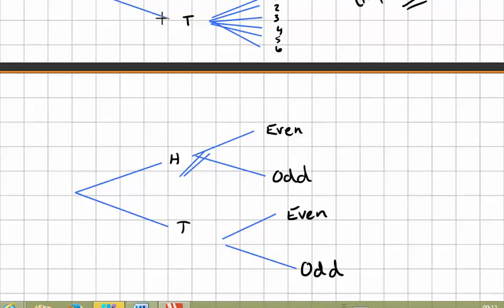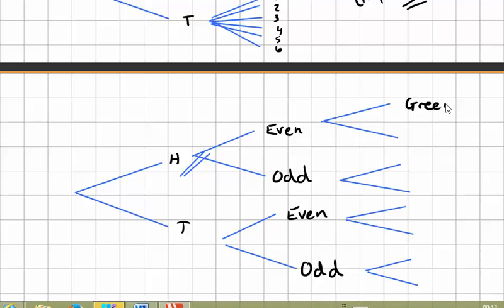So after this, I'm just going to do green and not green. But that doesn't tell you how many isn't green, and it doesn't tell you how many are odd. Well, we're going to get to that point. Again, good point made. But I'm going to do green and not green.